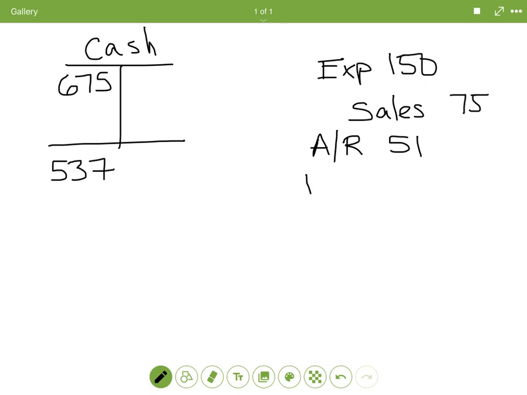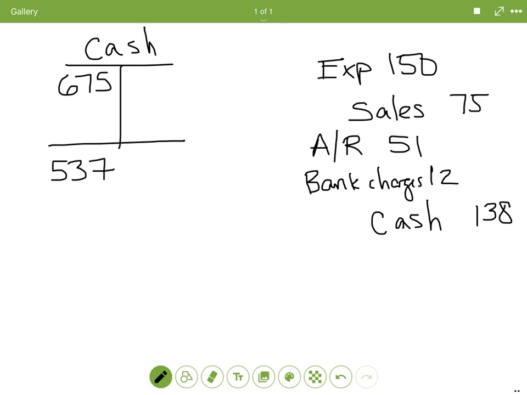There would be another expense for bank charges for $12, and then the resulting would be a credit to cash for $138. When you add that $138 here, we end up with our balance that actually reflects the amount of cash that we have.